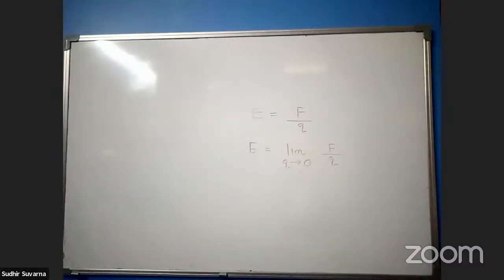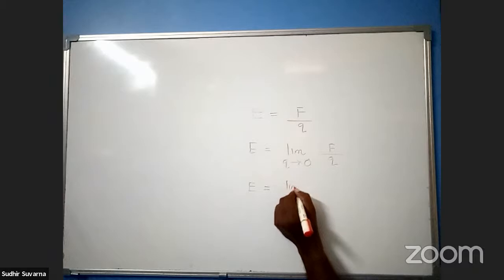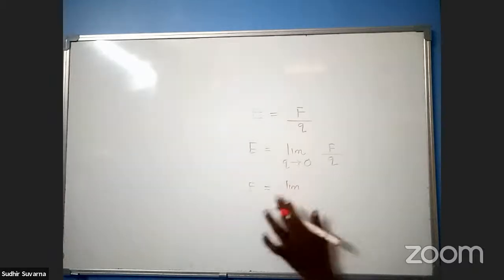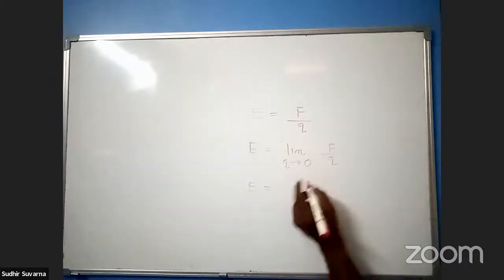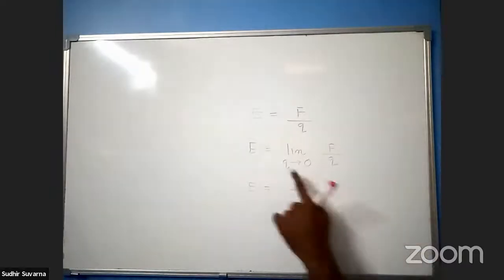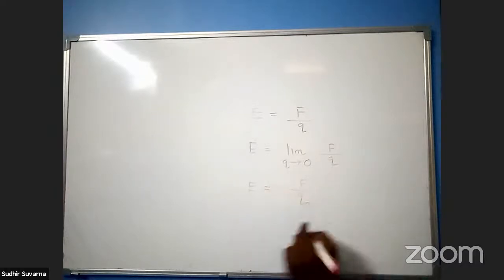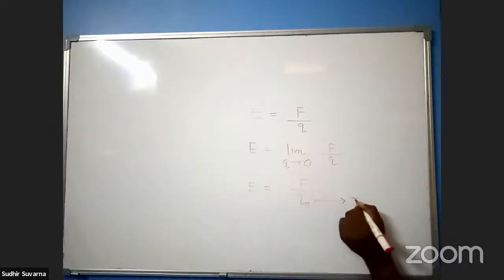If it is equal to 0, there is no charge. So it can be written as F upon Q0, where Q0 is going to be a test charge.